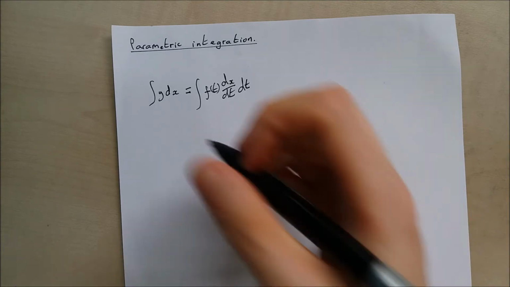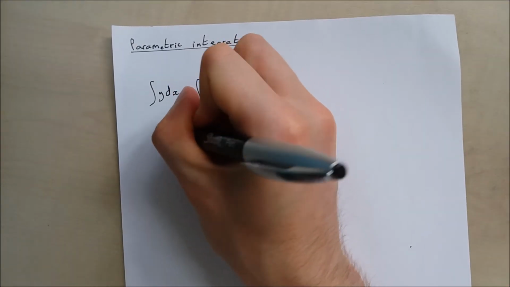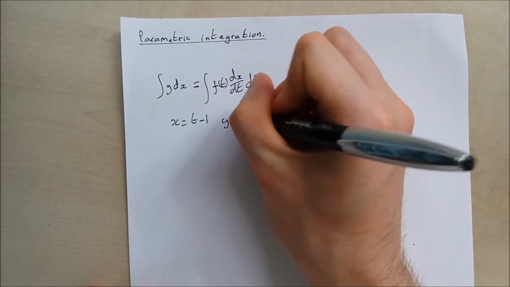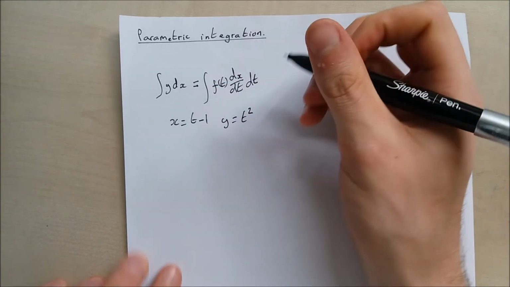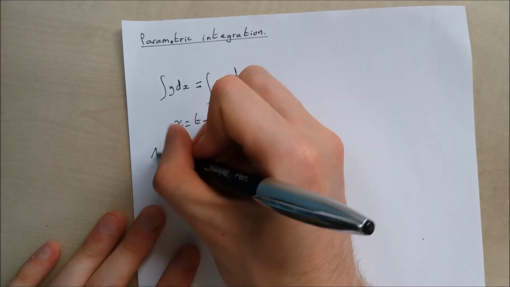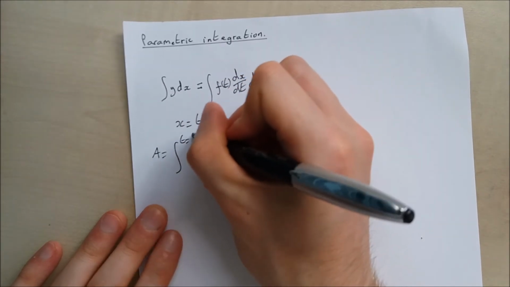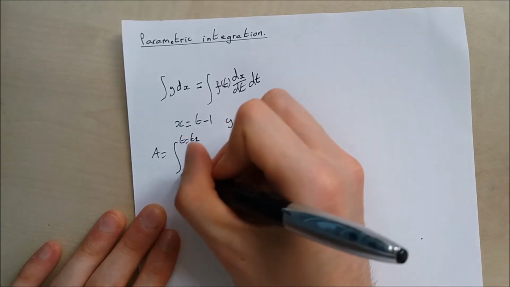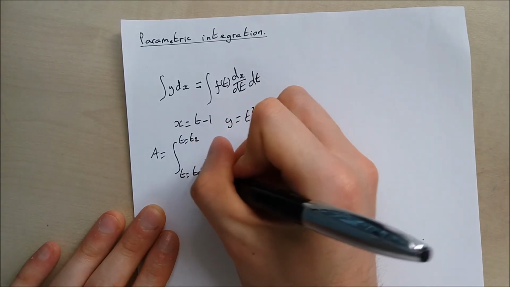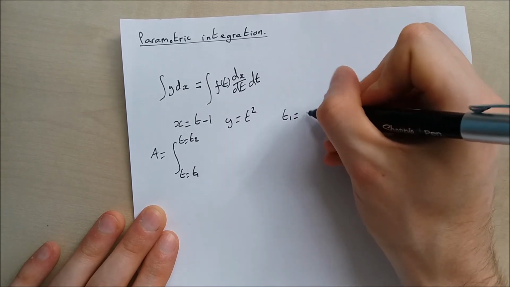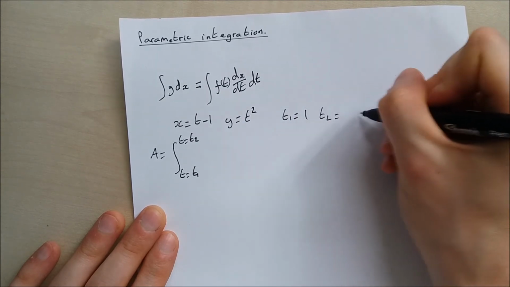So if we take the example where x equals t minus 1 and y equals t squared, so for area equals the integral where t equals t2 and t equals t1, here t1 equals 1 and t2 equals 3.